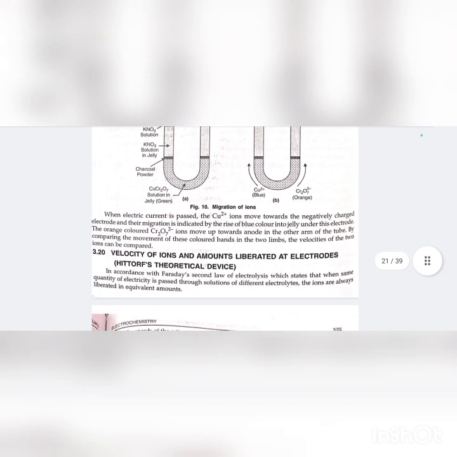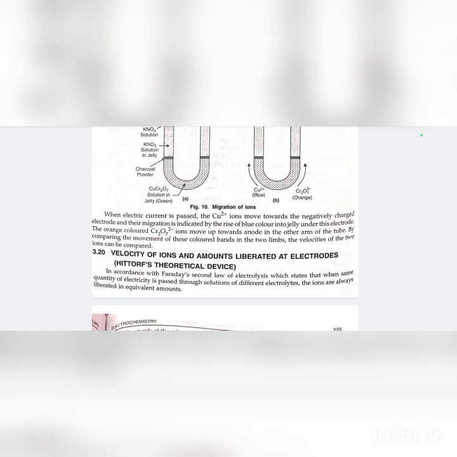When electric current is passed, the Cu2+ ions move towards the negatively charged electrode, and their migration is indicated by the rise of blue color in the jelly under this electrode. The orange-colored Cr2O7 2- ions move up towards the anode in the other arm of the tube. By comparing the movement of these colored bands in the two limbs, the velocities of the two ions can be compared.